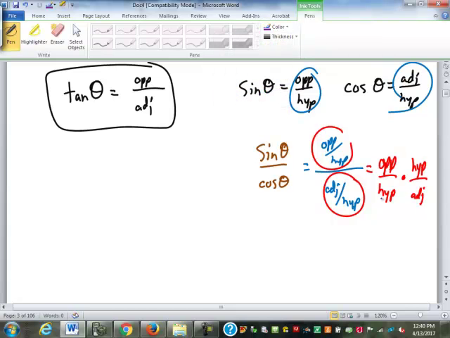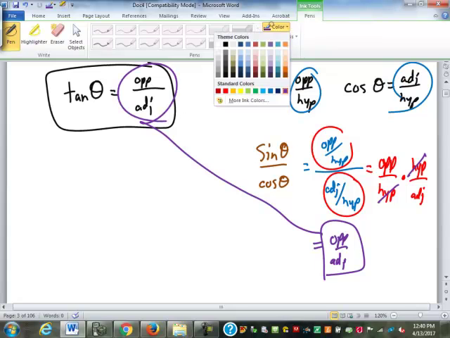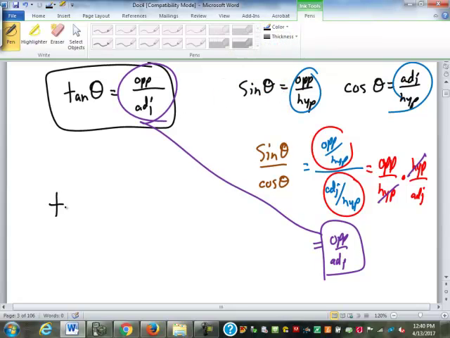And as I look at that, of course, we can cross-cancel hypotenuse, because it appears in both spots. That results in opposite over adjacent. Does that look familiar? Yeah, that's the tangent. So the tangent of an angle is equal to the sine of that angle divided by the cosine of that angle.